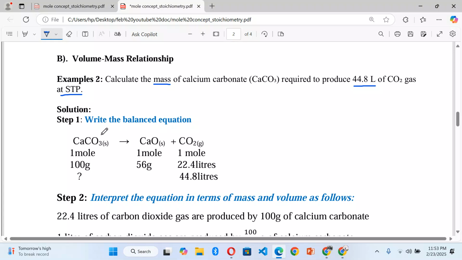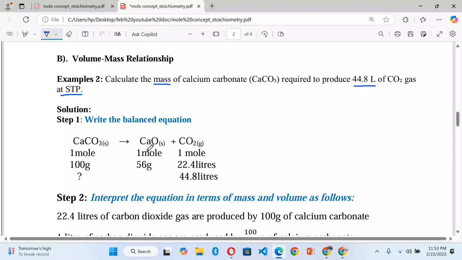So when you write the balanced equation of calcium carbonate, which decomposes to form calcium oxide and carbon dioxide gas, we said that in this case it is already balanced. The coefficient here is 1, the coefficient here is 1, the coefficient here is 1.